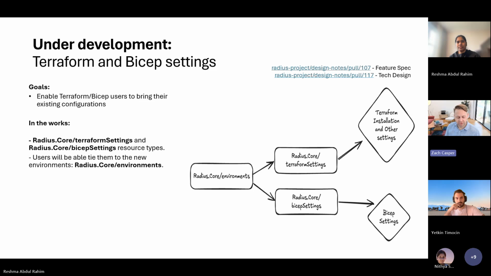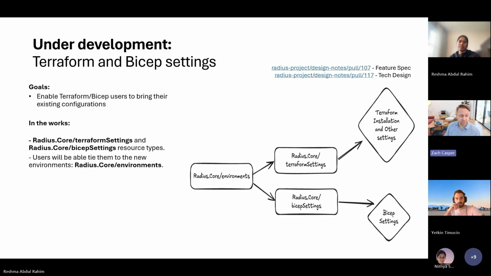But as we've matured the platform, it probably makes sense to allow our users to control what binaries are actually getting downloaded and installed into their environments. So in the future, not yet, if you do a fresh installation of Radius and you want to use Terraform, there'll be a single command that you run, rad terraform install.